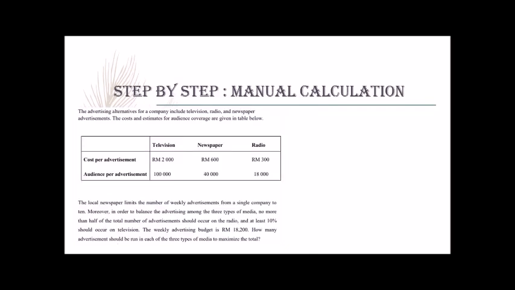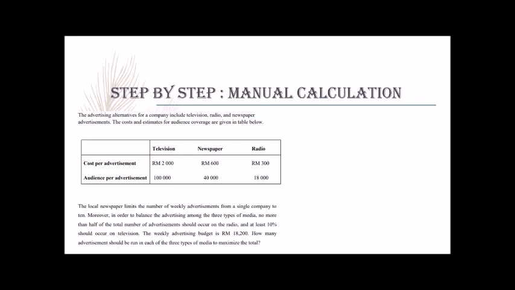For constraint 3, it is said that not more than half of the total number of advertisements should occur on the radio. This means x3 must be less than or equal to half of the summation of x1, x2, and x3. So, constraint 3 is x3 less than or equal to 0.5 times (x1 plus x2 plus x3).